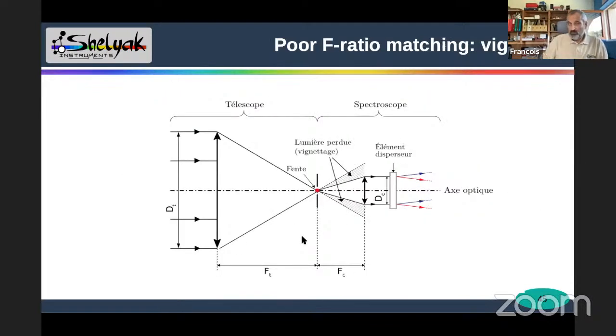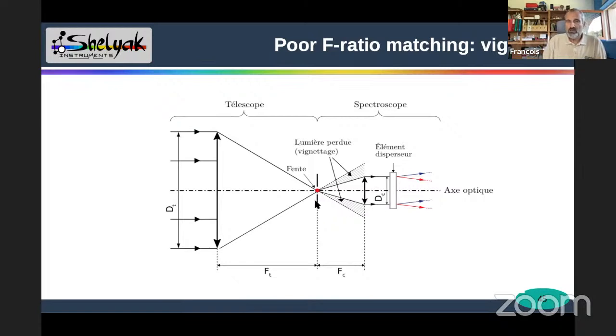Now, what happens very often is something like this. You have, for instance, a Newtonian telescope at f/4, and you have a spectroscope which is f/7.